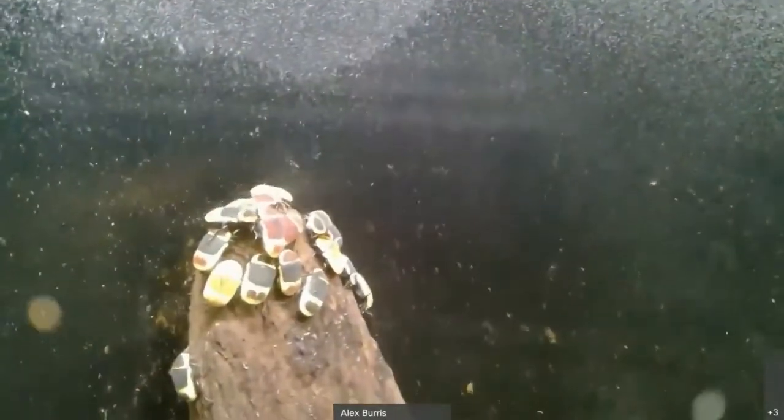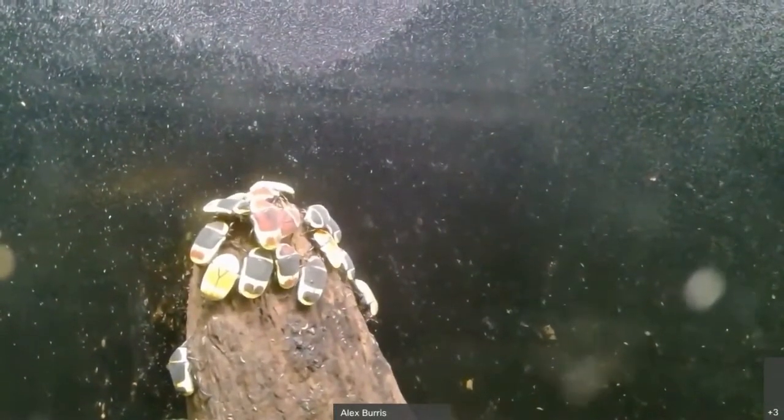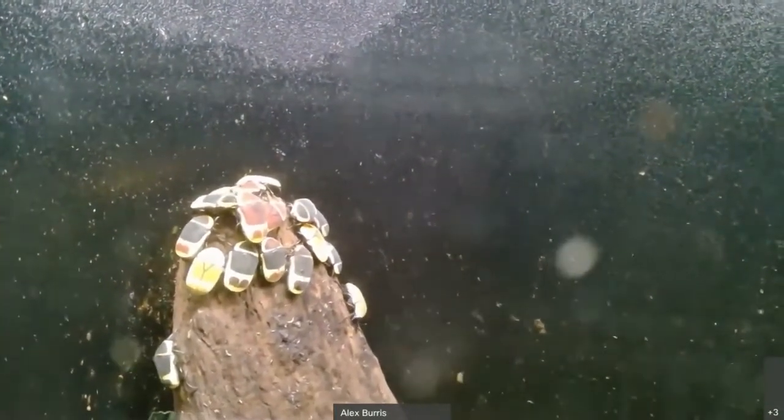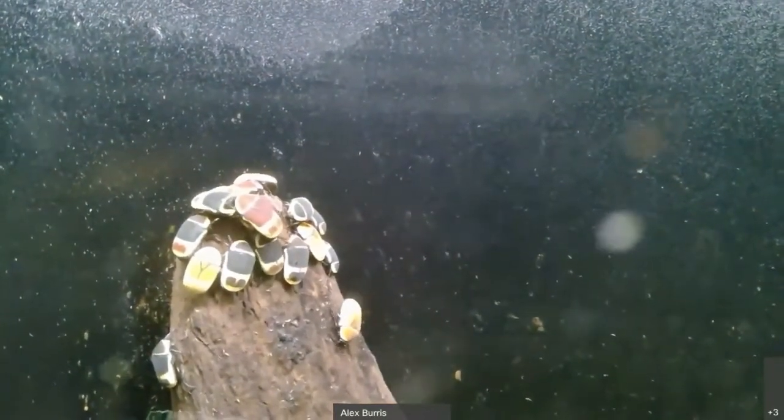Yeah, kind of a big round body, definitely. And there's one more thing. It has to do with their wings.